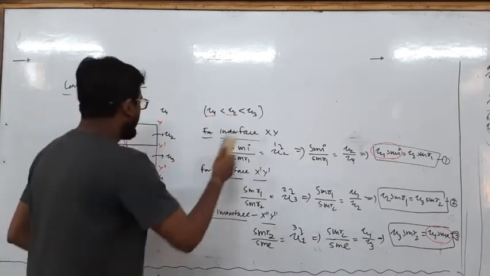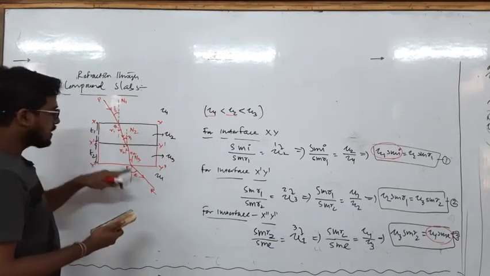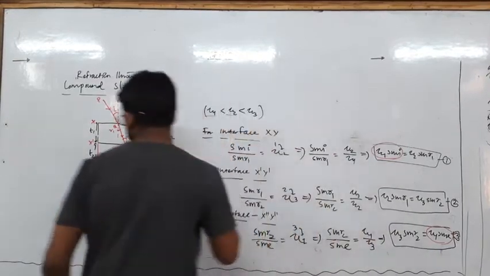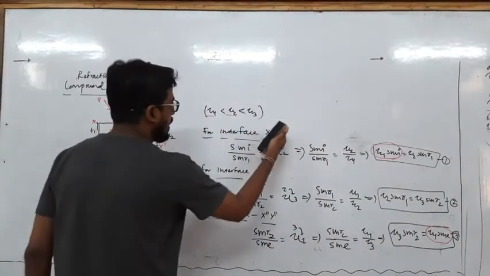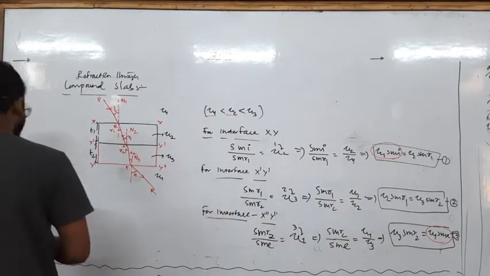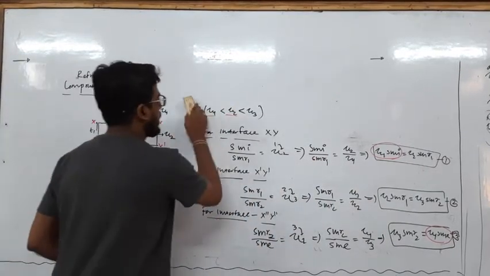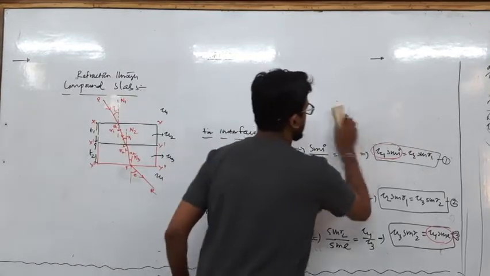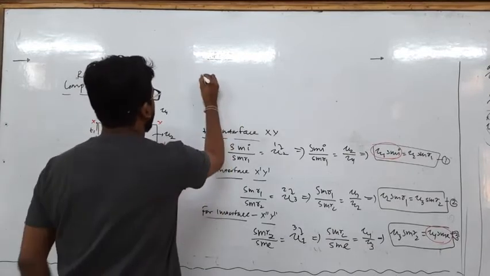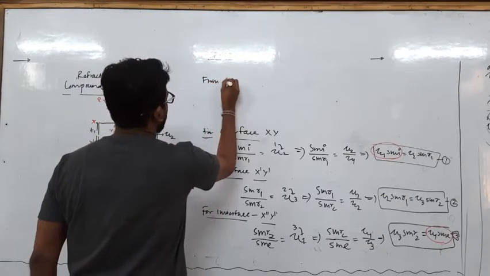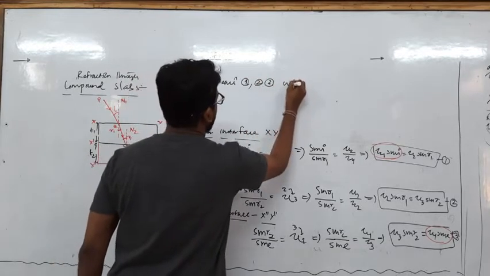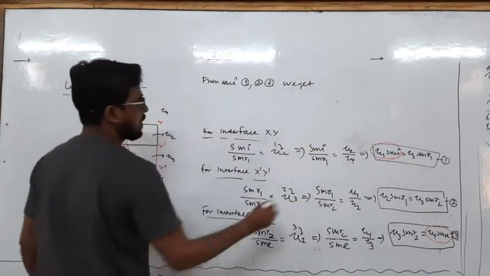So again from this we will get what? The angle of incidence equal to angle of emergence. From equations 1, 2 and 3, we get what?